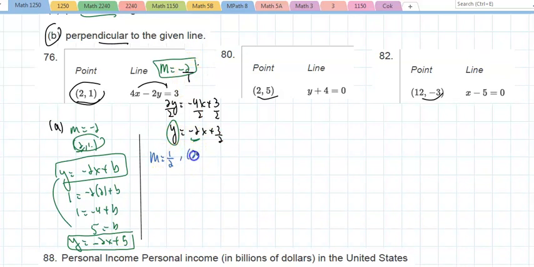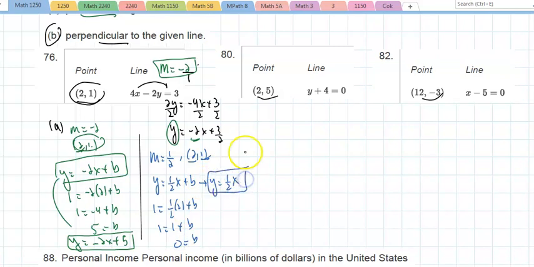There's the slope and there's a point. And I could say y equals 1/2 x plus b. There's the y. x is 2. 1 equals 1 plus b, so b is 0. So I could say y equals 1/2 x. You could write plus 0, but normally we don't do that. There it is.